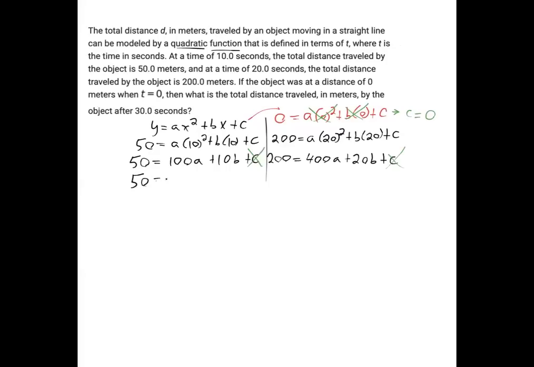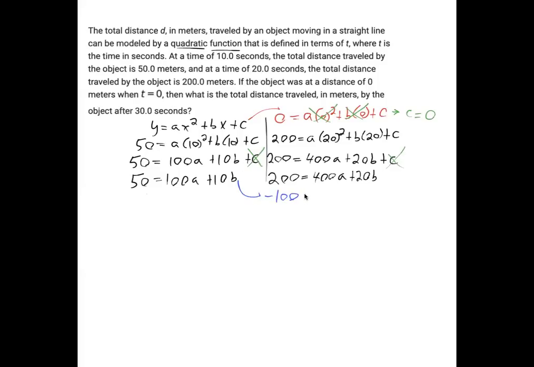We've got 50 is 100a plus 10b, and we've got 200 is 400a plus 20b. So now we're kind of in business because we've got two equations and two variables. And by definition, two equations and two variables solves. There are a couple of ways to proceed, but one way is to multiply this equation by -2.